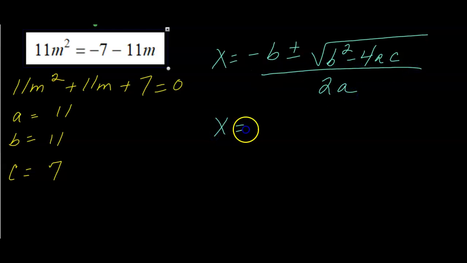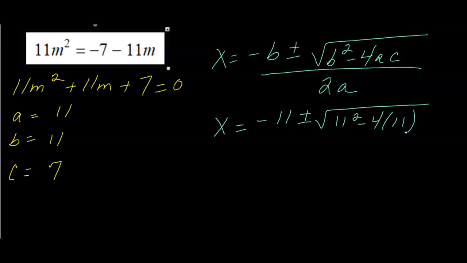Now we're going to just substitute. Negative b, since my b is 11, this is negative 11 plus or minus the square root of 11 squared minus 4 times my a, which is also 11, times c, which is 7. And then it's all over 2 times 11.